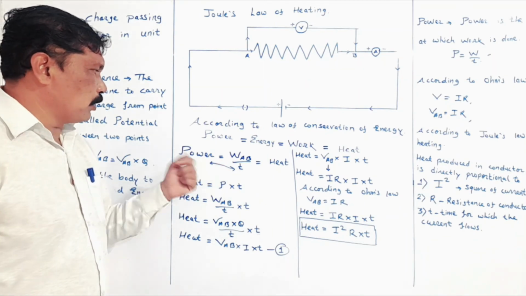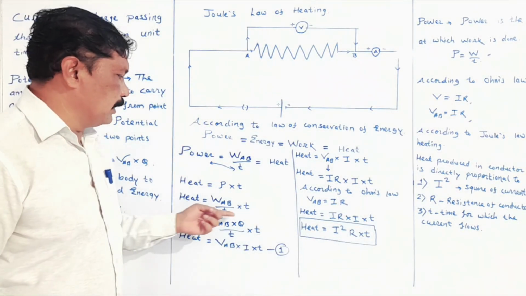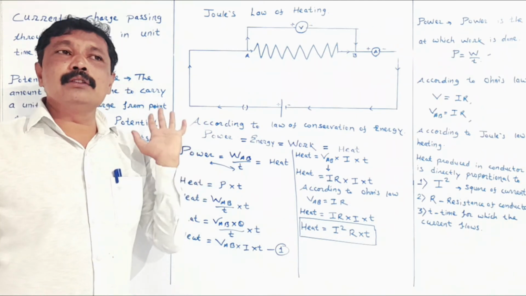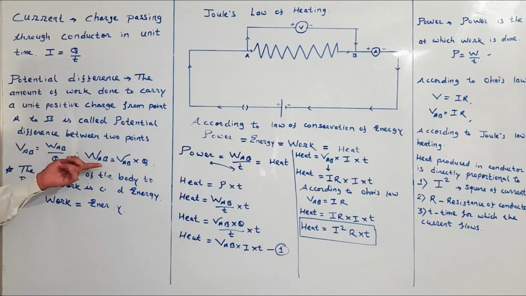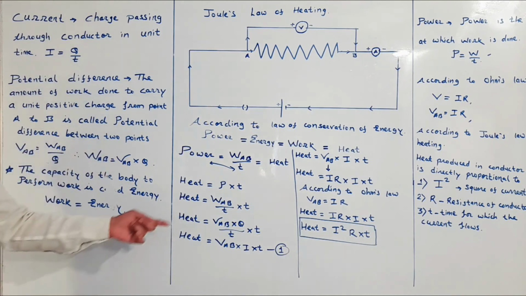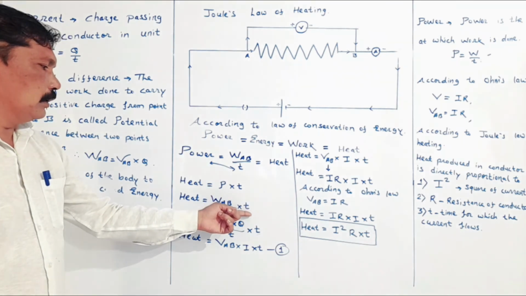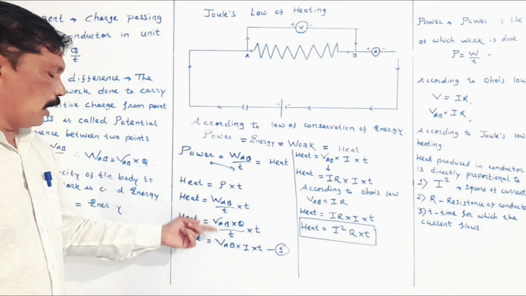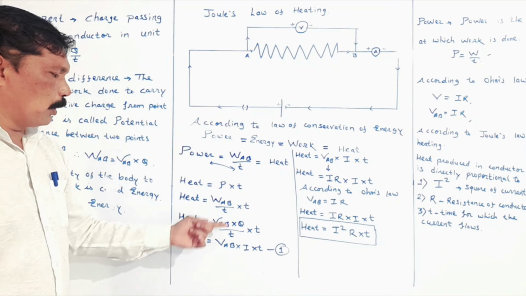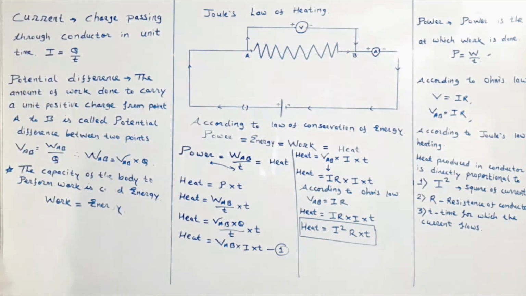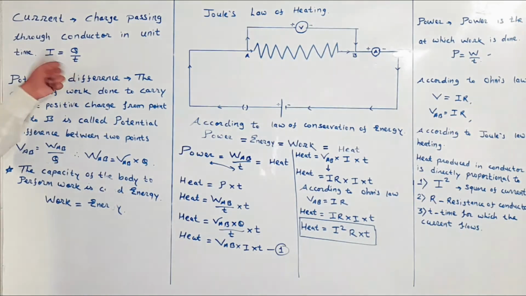What is the formula of power? Power is the rate at which work is done, so we write W by T into T. The formula of work we have derived from the potential difference: work is equal to V into Q. So heat is equal to VAB into Q upon T into T. But we also know that Q by T represents the current.